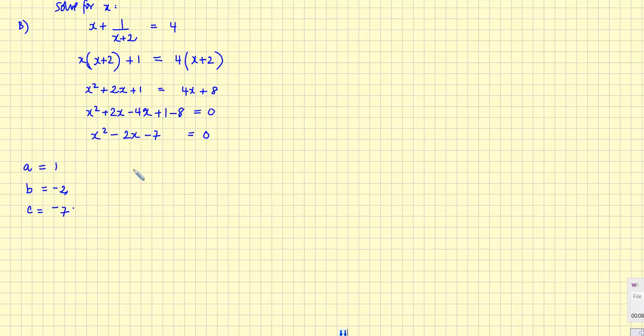And I will replace that inside the formula, which is negative b plus or minus the square root of b squared minus 4ac, and that will all be divided by 2 times the value of a.